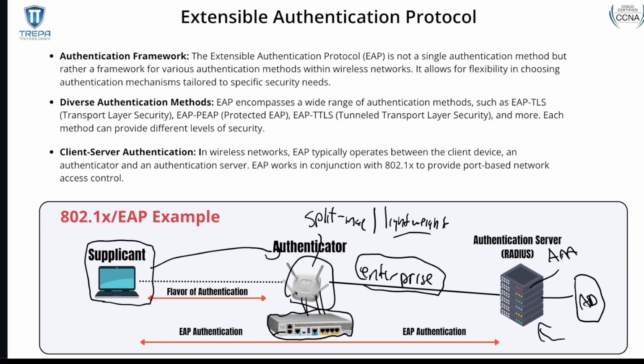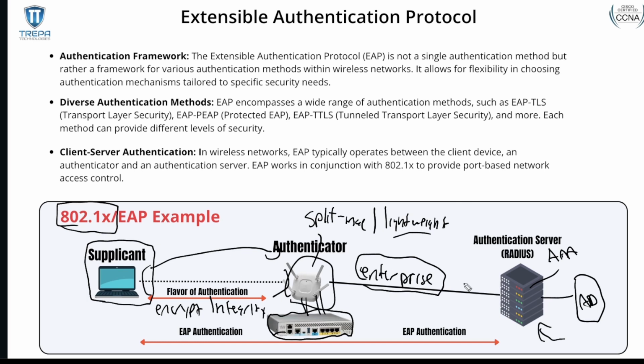That is how EAP provides us an extensible framework for authentication, right? It is in conjunction with this 802.1X method. And now, for this process of sending this information, there are going to be a bunch of different ways we can encrypt and provide integrity to this whole authentication process.